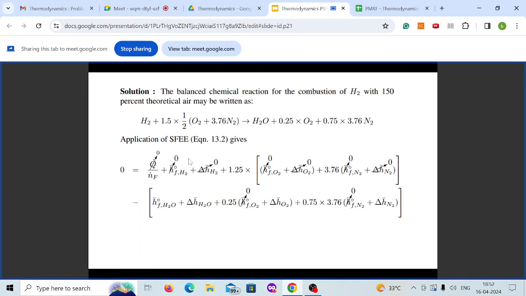Assuming there is no heat rejected from the reactor, Q is 0, and then the delta H for H2 is 0, and air will also be 0, plus the corresponding moles into delta H of the products, so 0.25 into oxygen, sorry, this is not 1.25, so 0.75 into oxygen, minus delta H of the product, so water plus 0.25 into oxygen plus 0.75 into 3.76 into nitrogen.